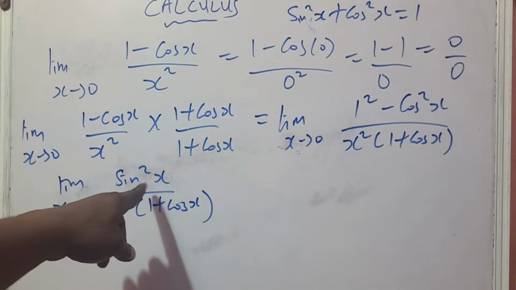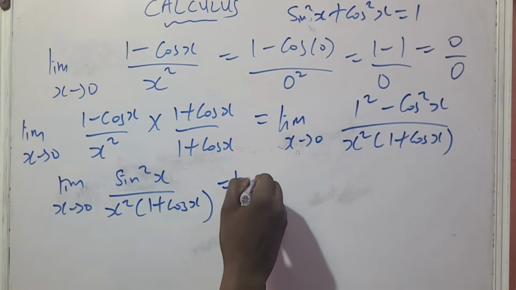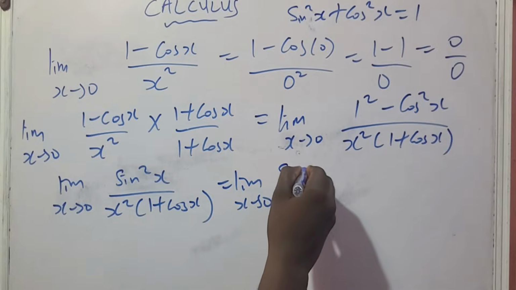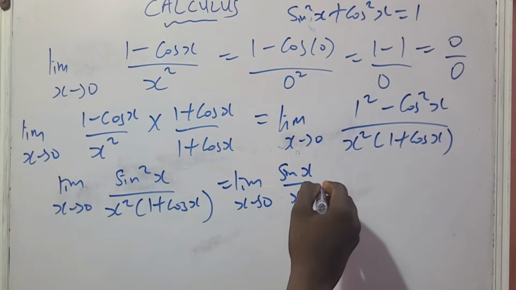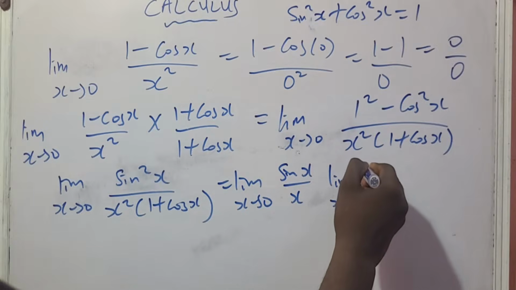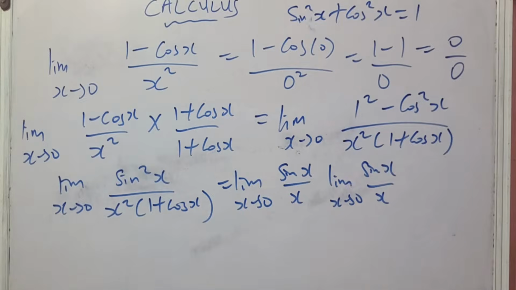This is sine x. I can actually split what I have here. Let me just write this and then you'll see what I'm saying. This is the limit as x tends to 0 of sine x over x. Then I have another limit, x tending to 0, of another sine x over x. Then I have the final one.